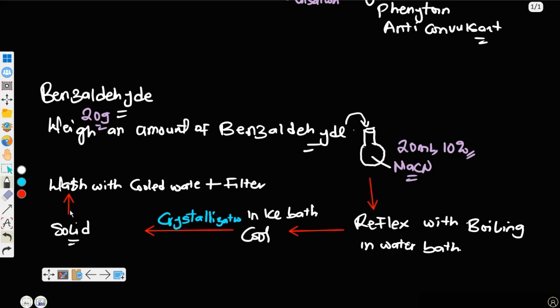First of all filter the solid from the solution first. So you first of all filter, then wash with cold water. Are you getting it? Then after washing with cold water, you filter again. Then you dry it, and after drying, you can then recrystallize.